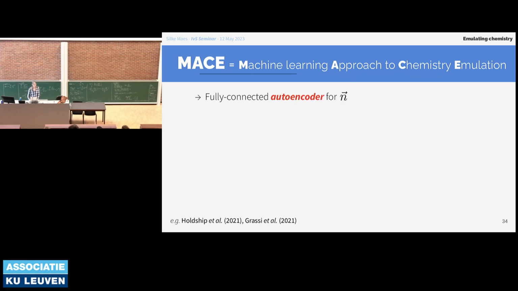But now, what will Maes be, because it's still very much under construction? We aim to, at first, use a fully connected autoencoder to reduce the parameter space of our abundances. So what do we plan to do? We have our chemical abundances, vector n, and we want to reduce the dimensionality using an encoder built of neural networks.